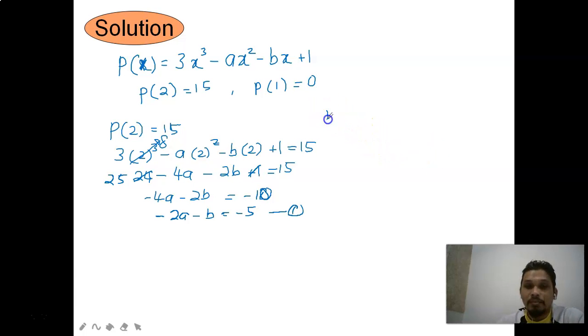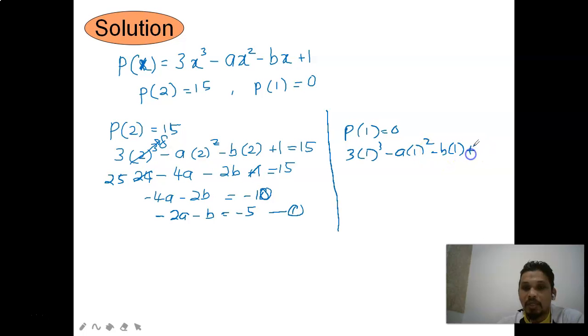Then P(1) equal to 0. So 3 times 1 cubed minus a times 1 squared minus b times 1 plus 1 equal to 0. 1 cubed equal to 1, times 3 equal to 3. 3 plus 1 equal to 4.